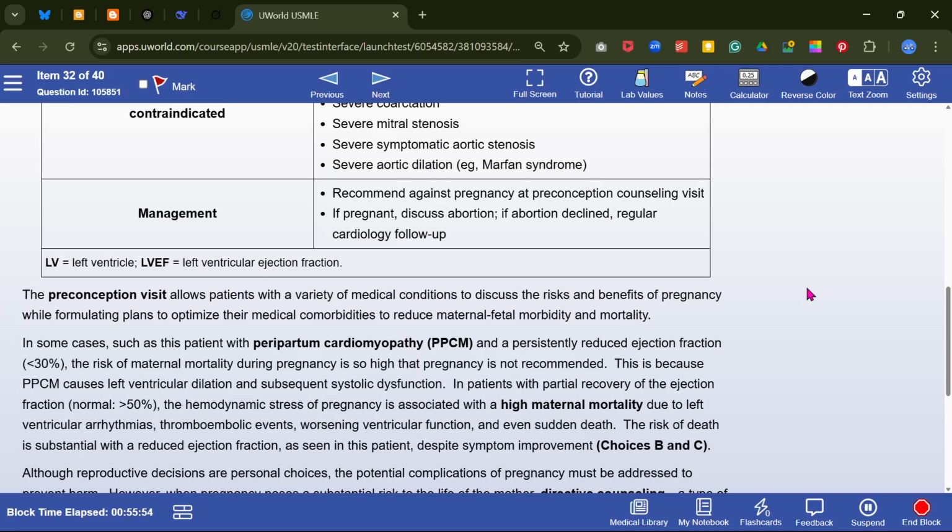The hemodynamic stress of pregnancy is associated with high maternal mortality due to ventricular arrhythmia and thromboembolic events, worsening ventricular function, and even sudden death. The risk of death is substantial with reduced ejection fraction, as seen in this patient, despite symptom improvement.